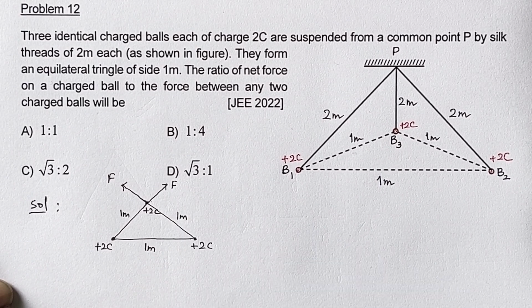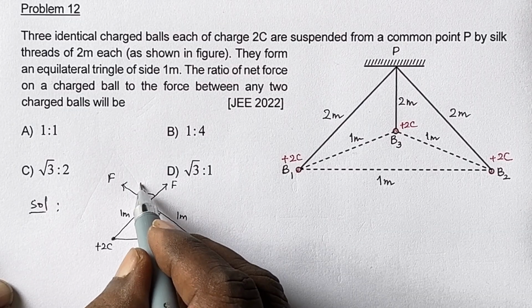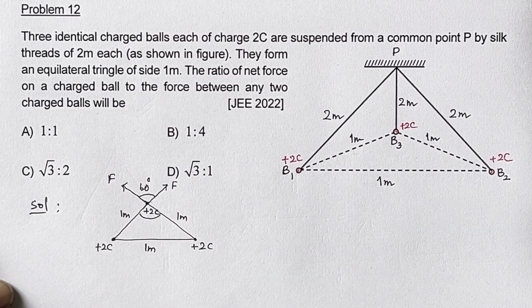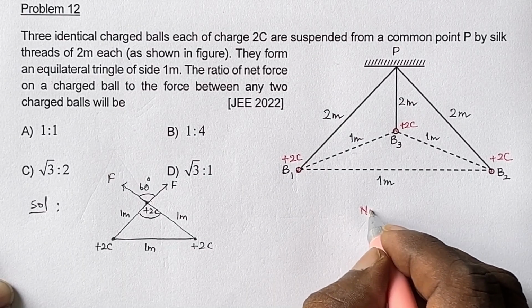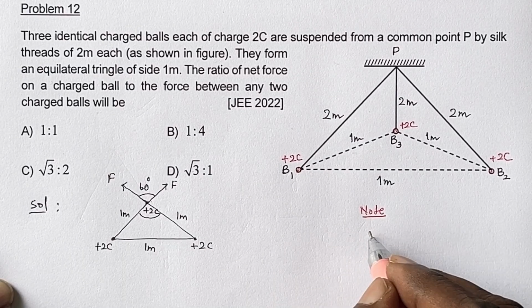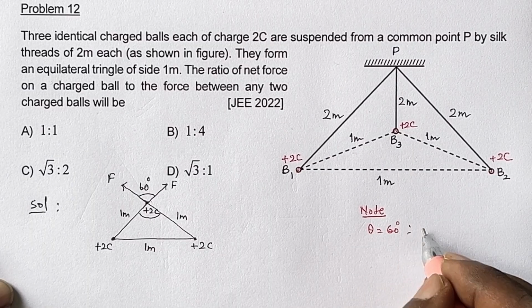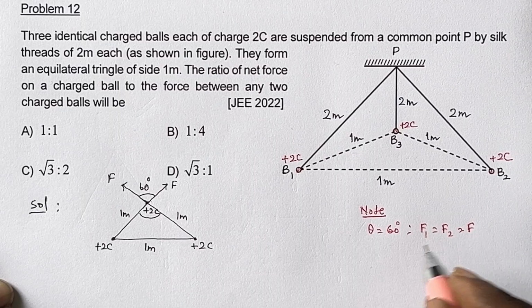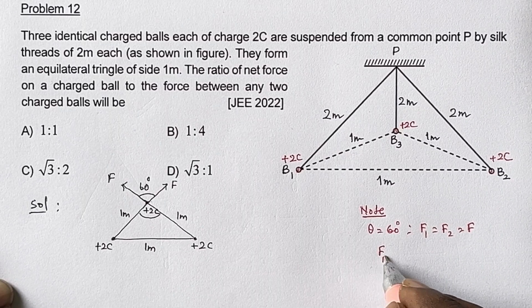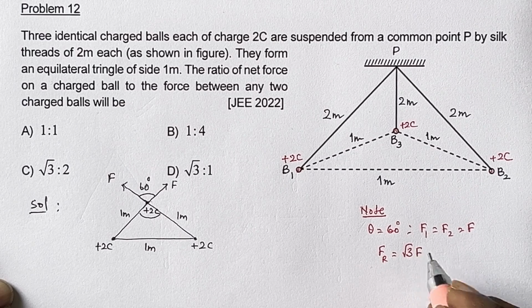So it is an equilateral triangle, so this angle is equal to 60 degrees. What we know in the vectors lesson, if theta is equal to 60 degrees and F1 is equal to F2 is equal to F, the net force, the resultant force formula is root 3 F.